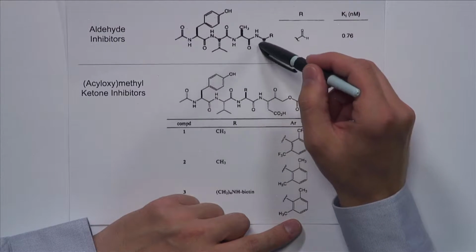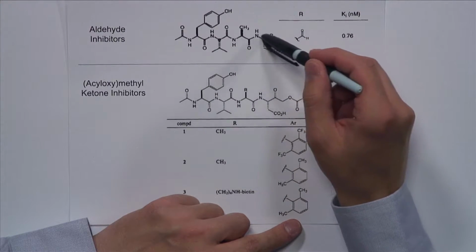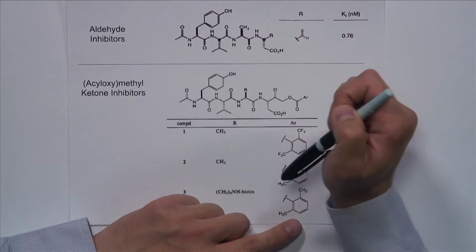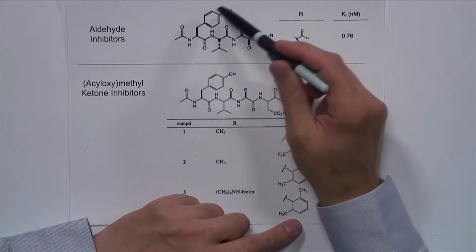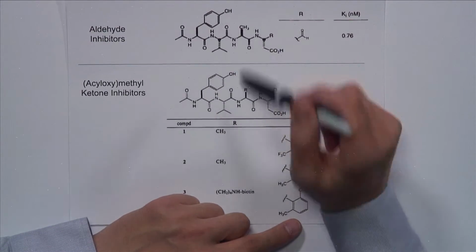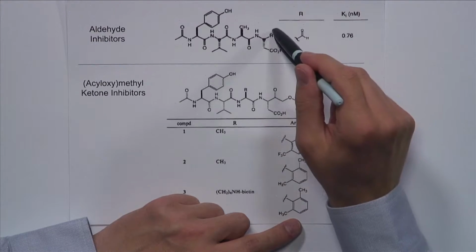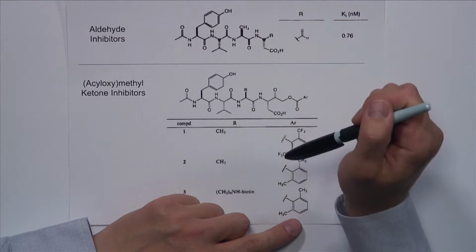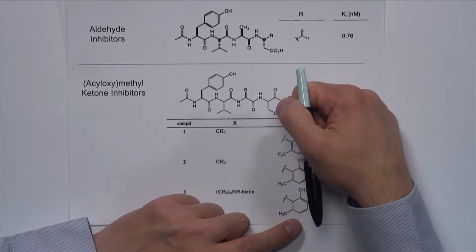Notice here, this is an aspartate residue or aspartate-looking residue, which together with the other couple amino acids forms the recognition portion of the inhibitor that will allow it to bind the protease. The R group is going to be an aldehyde, which will be crucial for actually inhibiting the enzyme.